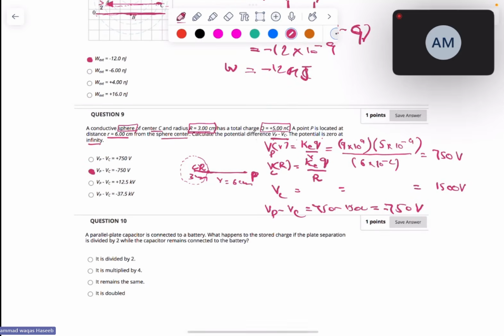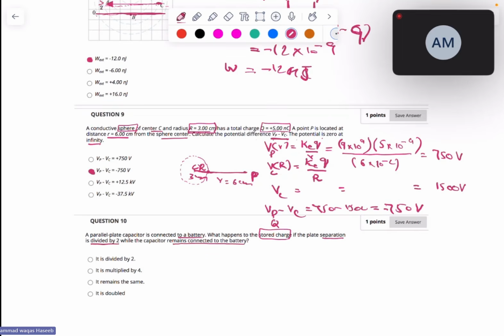Okay. So a parallel plate capacitor. Question number 10. A parallel plate capacitor is connected to a battery. What happens to the stored charge Q if the plate separation is divided by 2 while the capacitor remains connected to the battery?